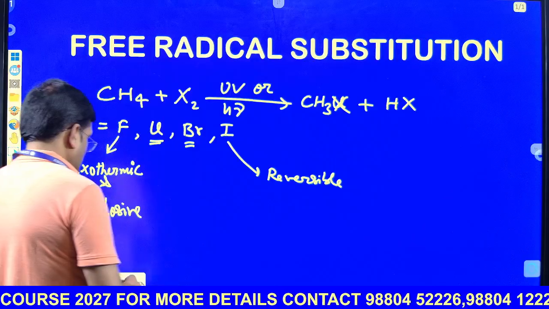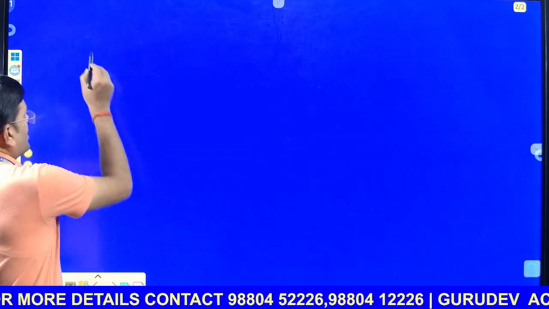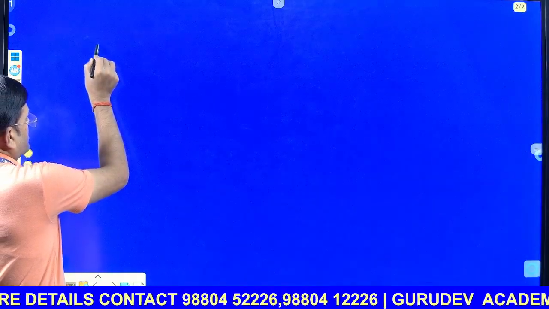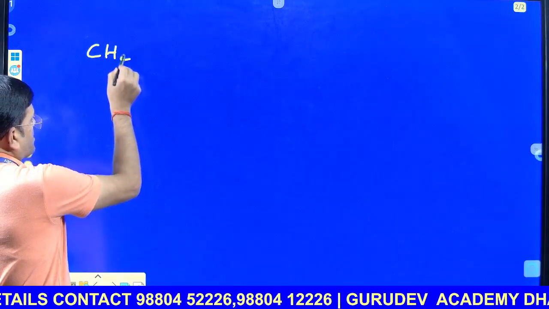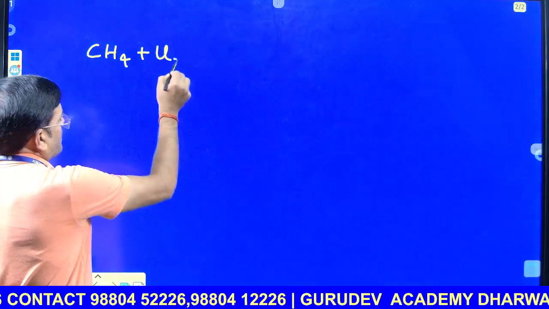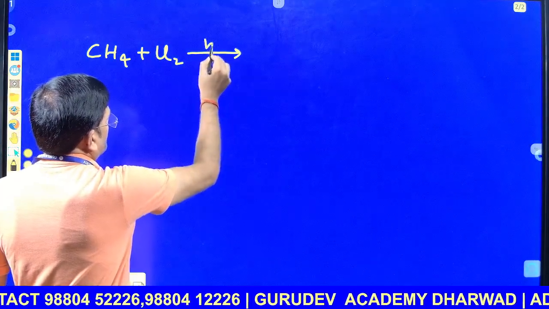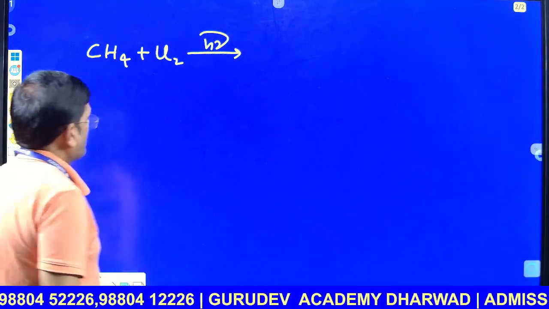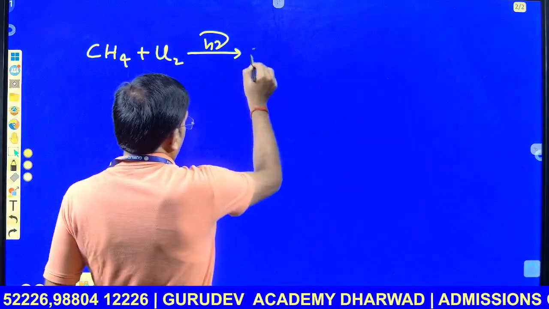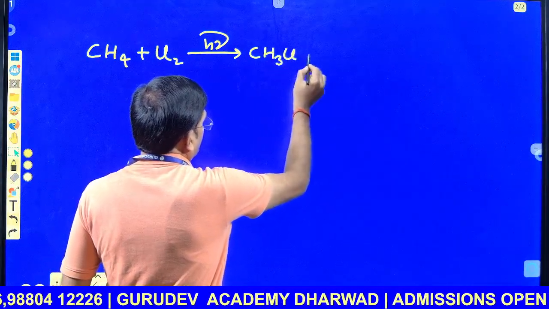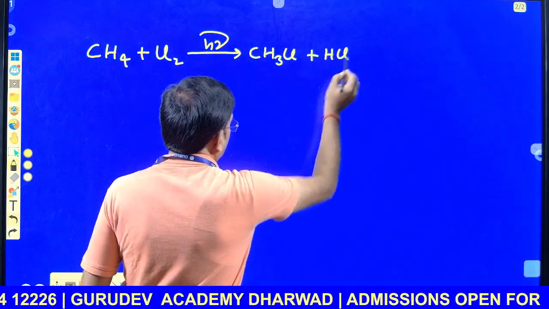If the reaction is not controlled, all the hydrogens may be substituted. See, CH4, this time I am taking chlorine in the presence of h nu, right? So what happens? CH3Cl plus HCl.